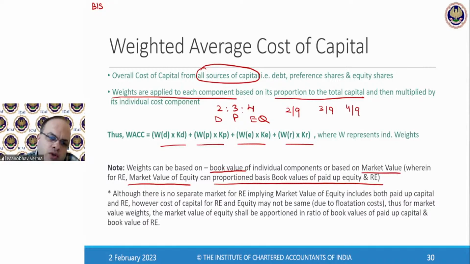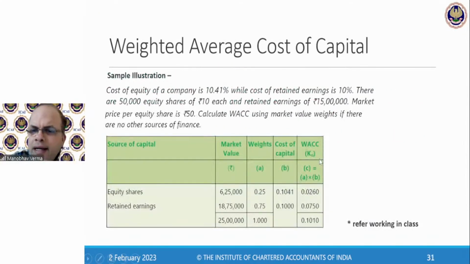Of course there is no separate market for retained earnings, but there could be different costs of capital, because we just studied that the cost of capital for retained earnings and equity may not be the same. Hence we might need to split them up for getting the weights. So let's look at an illustration here.